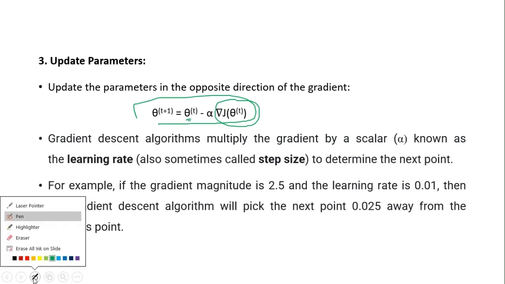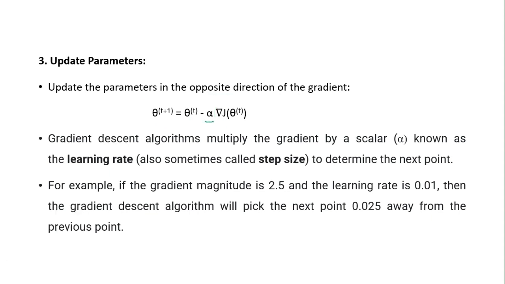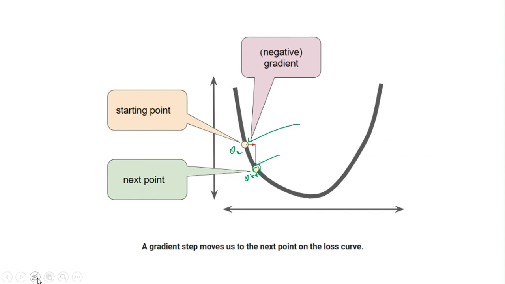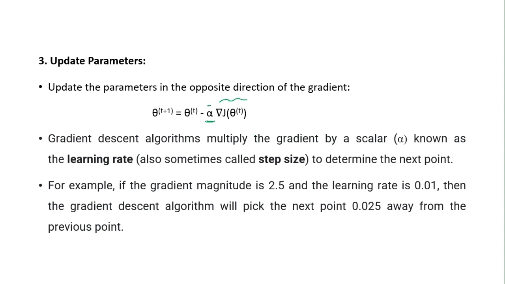Now, what does this learning rate, or this scalar quantity alpha, mean? We are multiplying the magnitude of the gradient by a scalar quantity, which moves the previous value from this position to this position. This variation is known as the step size, this incremental step size. It is determined by this multiplication factor.